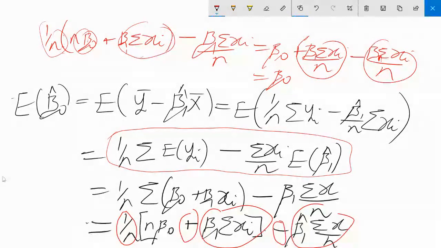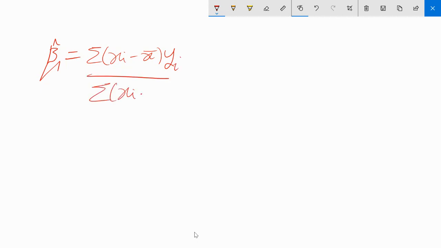All right, so let me go back to this again. Let me have a whiteboard. Beta 1 hat is a function, and there is y in this. So you cannot treat it as a constant, because this is given by the summation of xi minus x bar times yi over the summation of xi minus x bar squared.